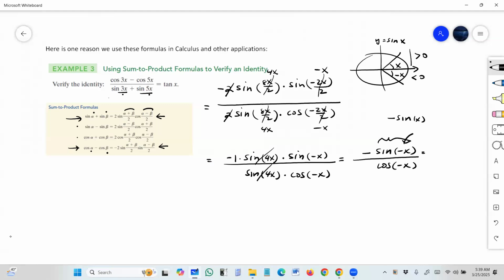So this minus is already there. So minus sine of x over.